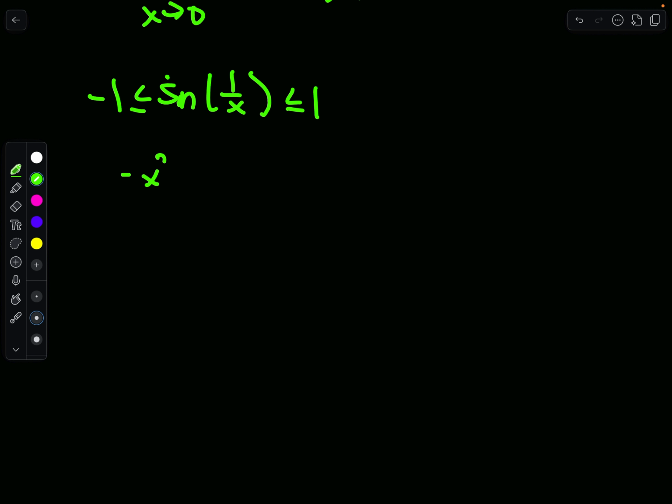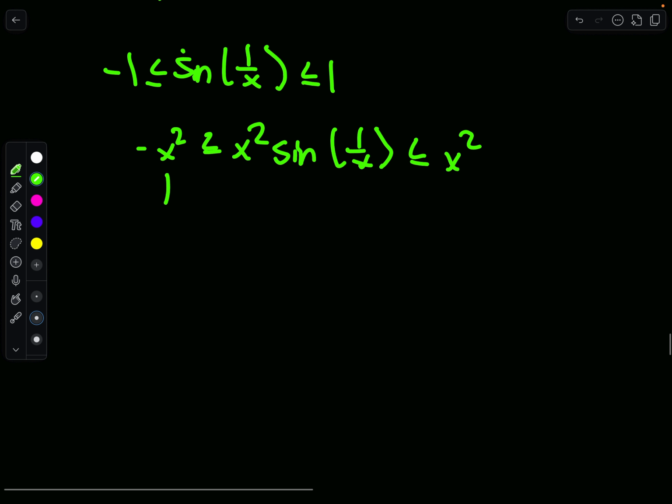So you get negative x squared is less than or equal to x squared sine 1 over x, which is less than or equal to x squared. This goes to 0. This goes to 0. So therefore, this goes to 0.